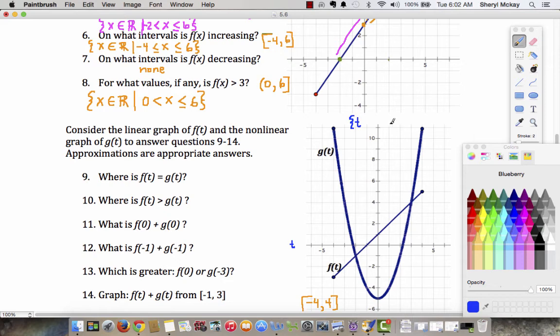So t is an element of, because it's connected, all real numbers, such that t is basically going from here to here, right? Our x's or our t's are going from here to here, okay?